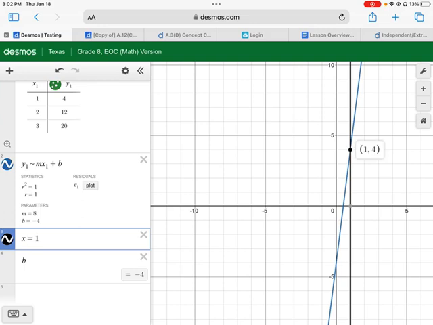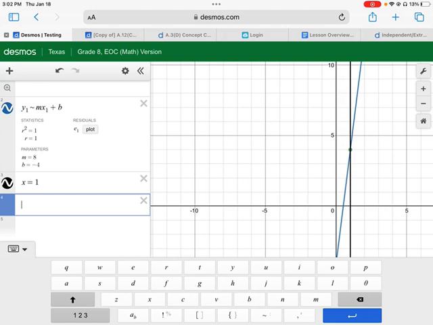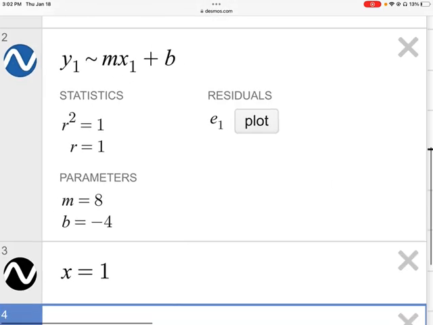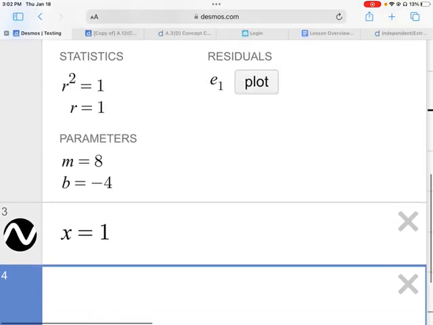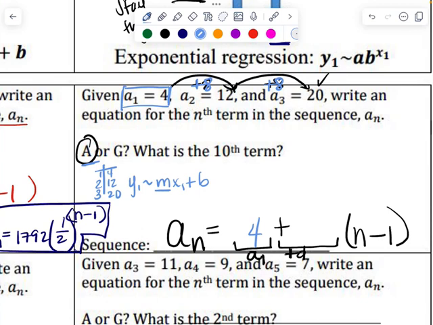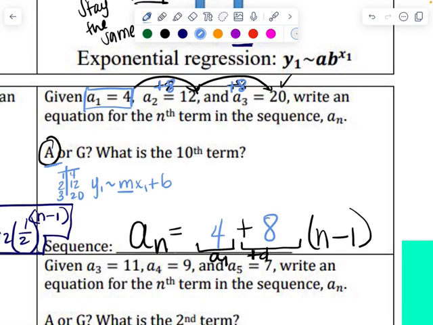Okay, so I've got 1, 4, and yes, we knew the first term was that. Now my m right here, it says it's 8. And we figured out that yes, I'm adding 8 each time. So if I want a trick on how to double check it, it should match your slope. So plus 8, that was positive 8, and minus 1. So my sequence should look like a_n equals 4 plus 8 times n minus 1.